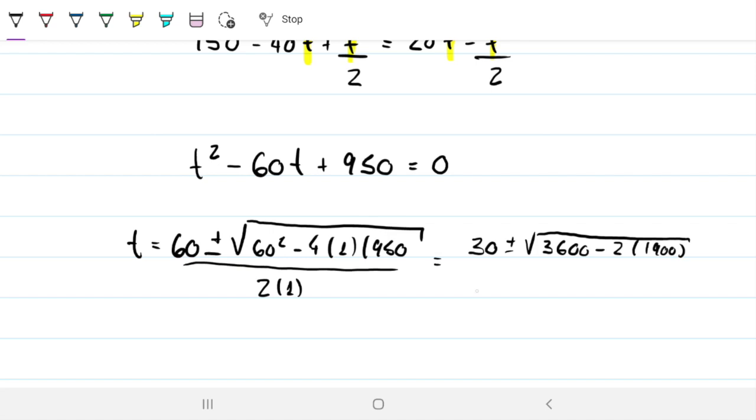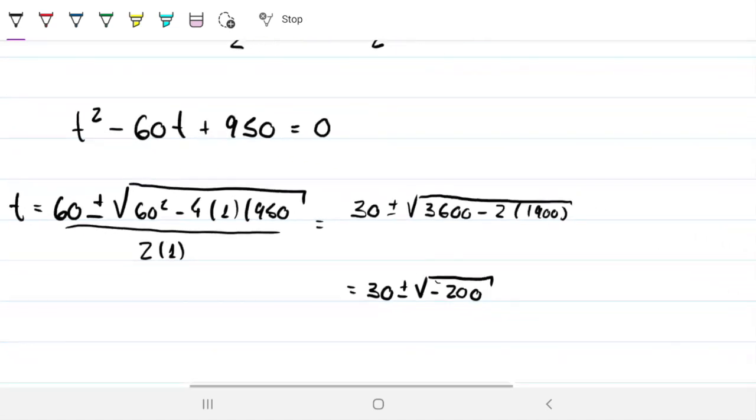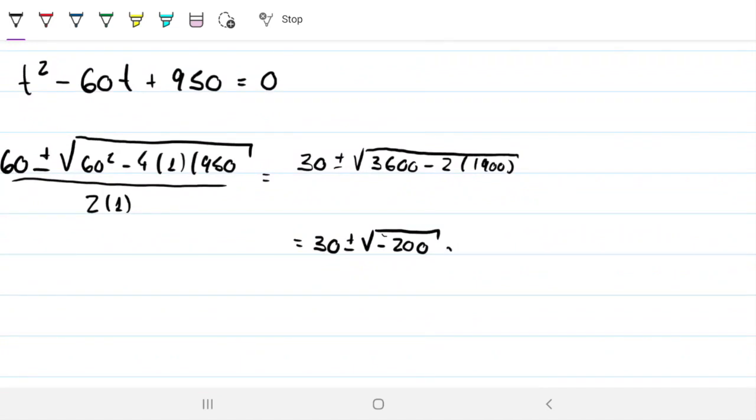That's negative 200. That's equal to 30 plus or minus the square root of negative 200. Okay, so if that's the case, then our two answers, positive and the negative one, will be 30 plus something i, imaginary number, 30 minus something i, right? 10 times square root of 2 i.